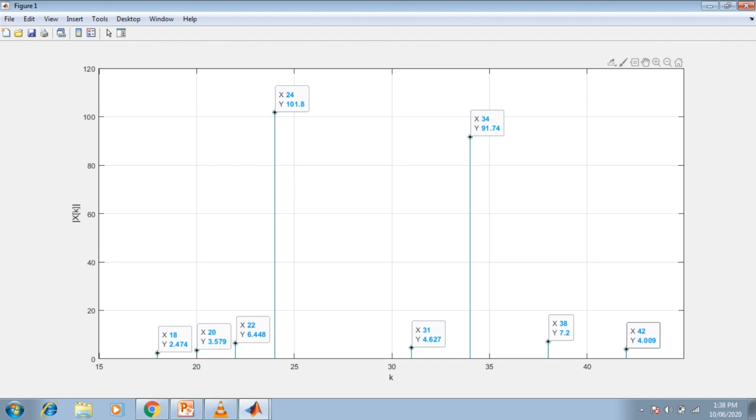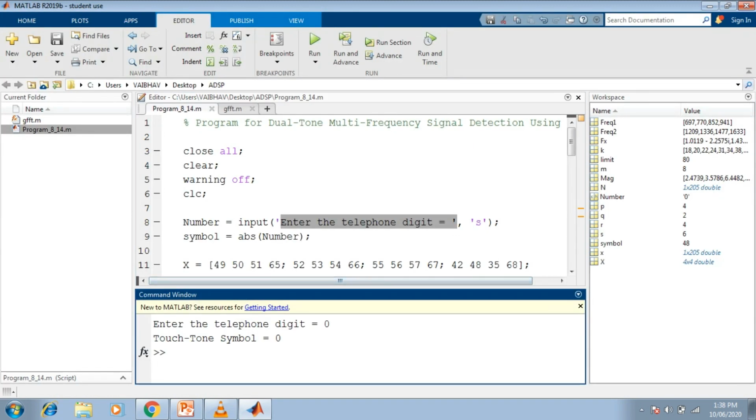These amplitude levels are very small compared to the 24th and the 34th. The command prompt also returns the information that the touch tone symbol dialed is equal to 0, the value that we had entered.